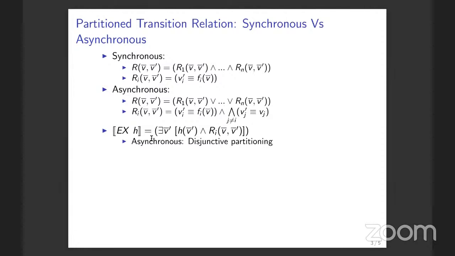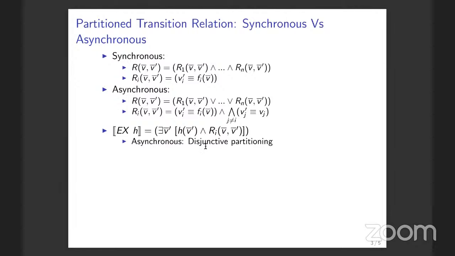this is what the basic step in the CTL model checking involves. You have to take the predicate H and conjoin that.